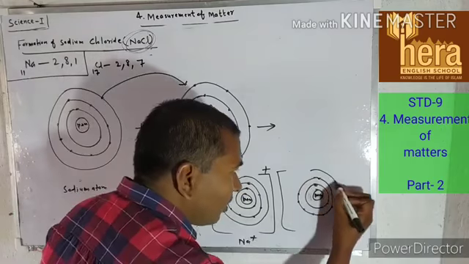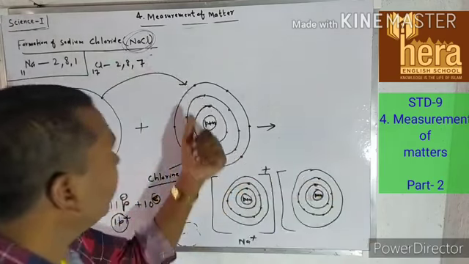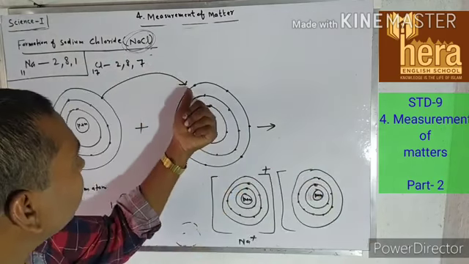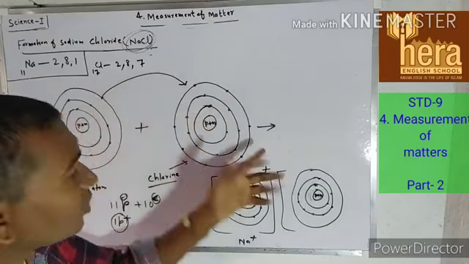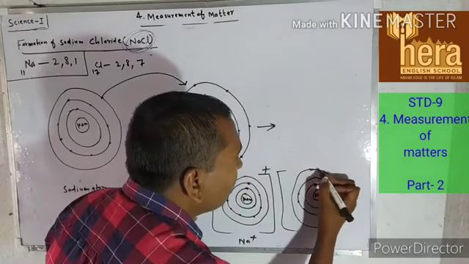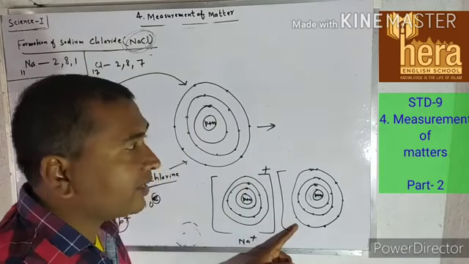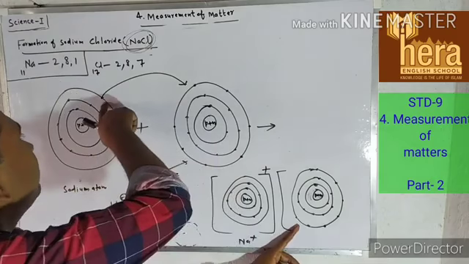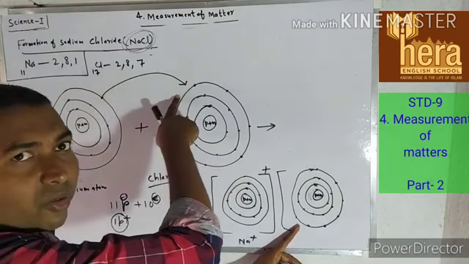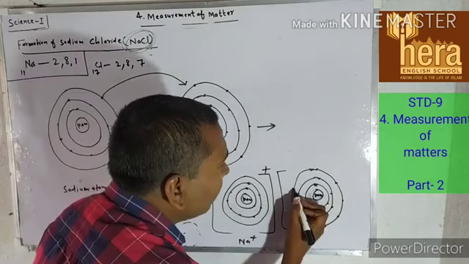And in the third orbit, initially there were a total of 7 electrons, but now there are a total of 8 electrons. 1, 2, 3, 4, 5, 6, 7. 7 electrons, but since the sodium atom has given 1 electron to the chlorine atom, there is 1 more electron.